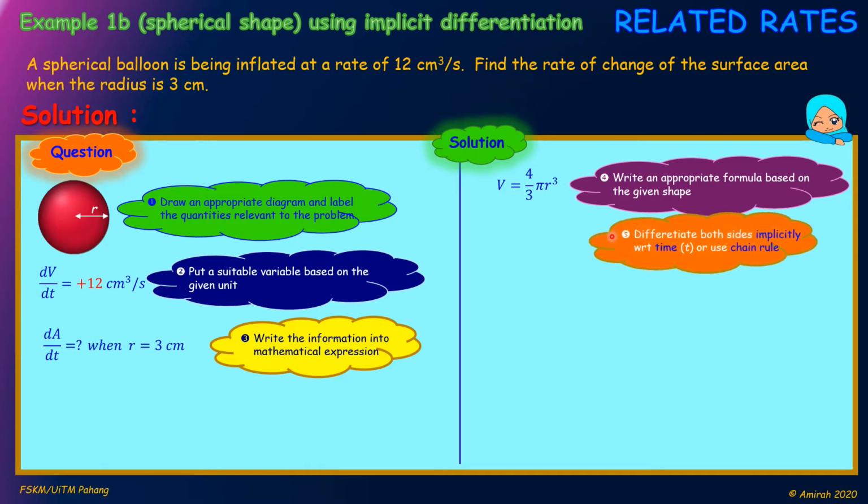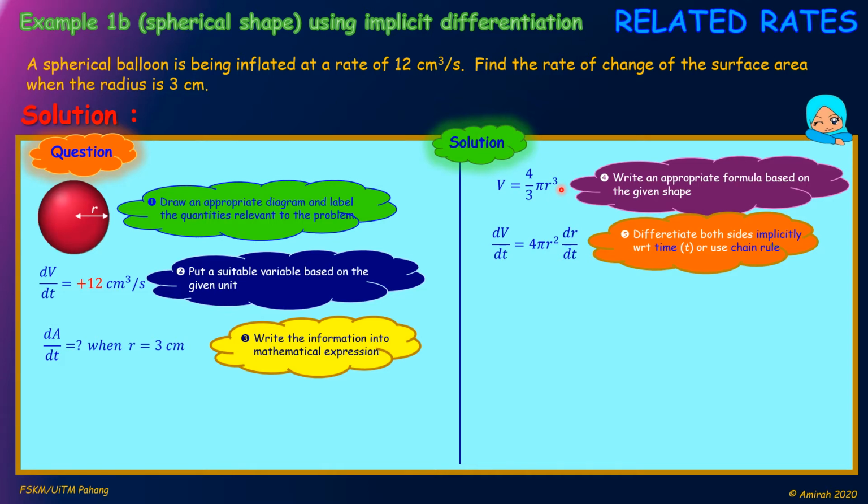After that, if we want to solve using implicit differentiation, we differentiate both sides implicitly with respect to time. So we differentiate V with respect to time, so we have dV over dt. 4 over 3 pi here is a constant, so we still put it, and then we differentiate r cubed.